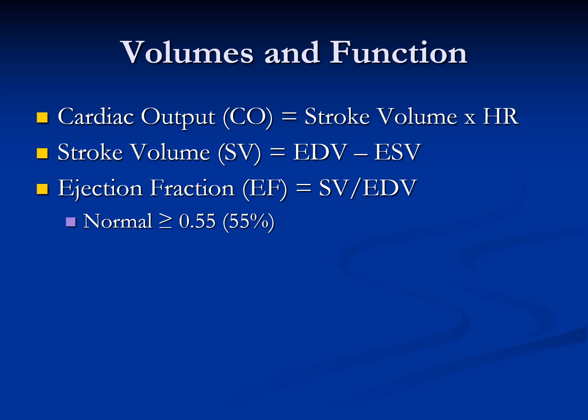So if we're talking left side, it will be LV end diastolic volume, etc. Right side, it will be RV. And the ejection fraction is the ratio of the stroke volume over the end diastolic volume, meaning what percent of the total volume, maximal volume that the ventricle accommodates, is ejected.